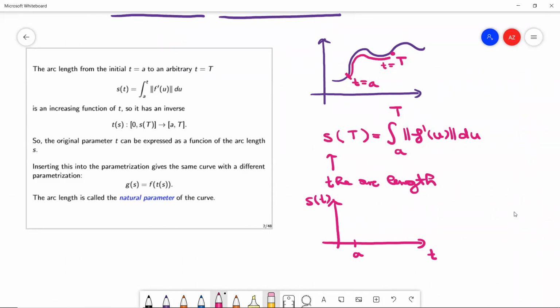So s of a is 0, because we started in a and ended in a. And then when time is capital T, it's s of T. And then it grows, because the arc length is positive. It's an increasing function.